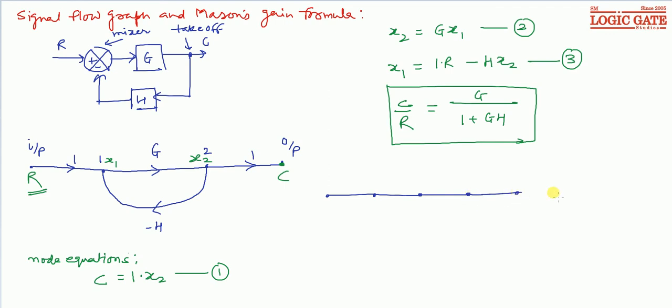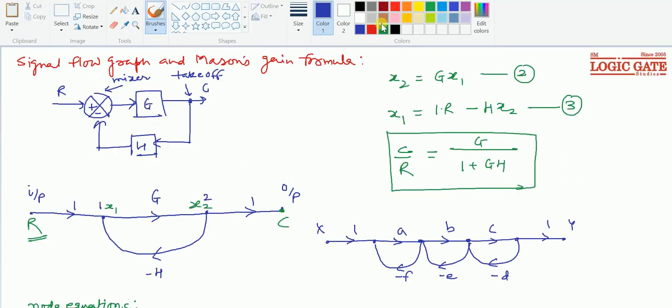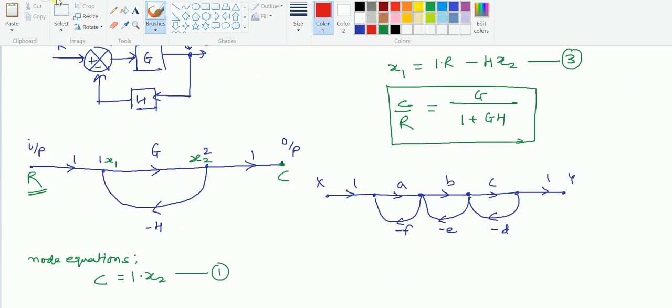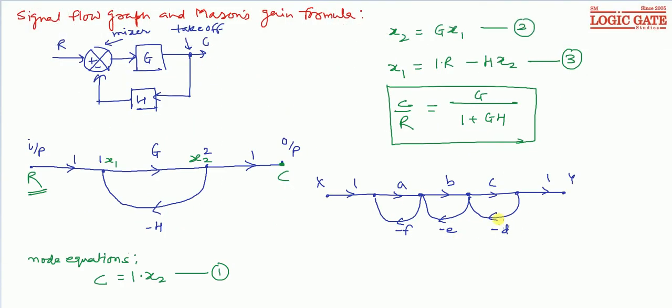It is a slightly bigger signal flow graph. Gains are A, B and C, and these are the feedback paths with gain minus D, minus E, minus F. So variable for the input node is X, variable for the output node is Y, and the other variables for the nodes are, say, X1, X2, X3 and X4.